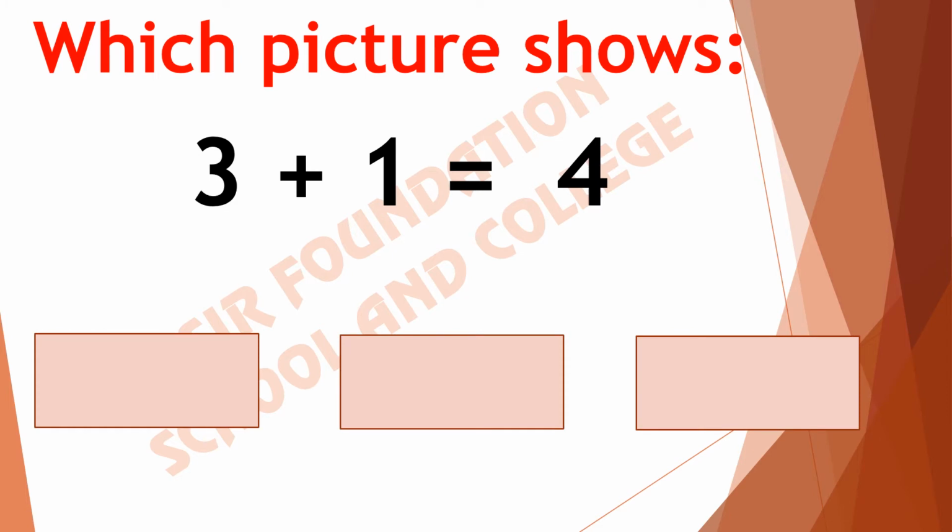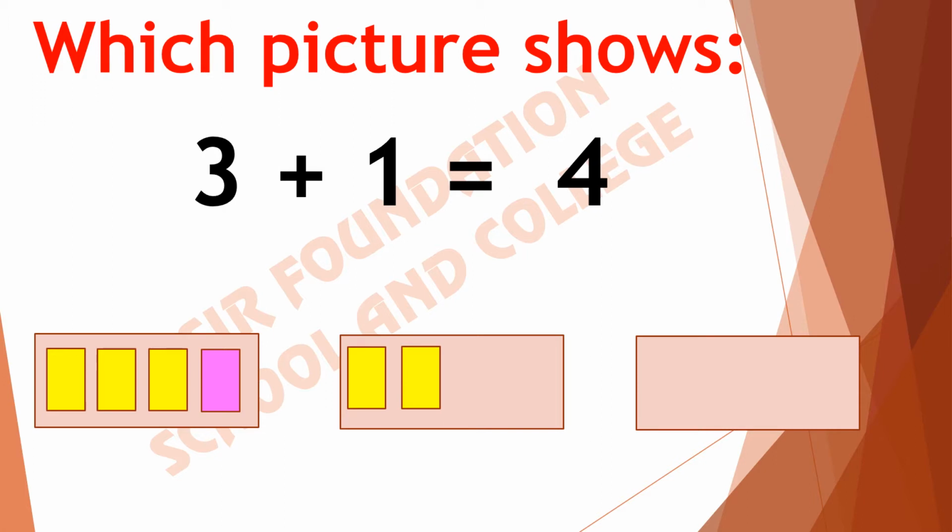In the first picture, 1, 2, 3, there are 3 yellow bars and 1 purple bar. In the second picture, we see that there are 2 yellow bars and 2 purple bars.